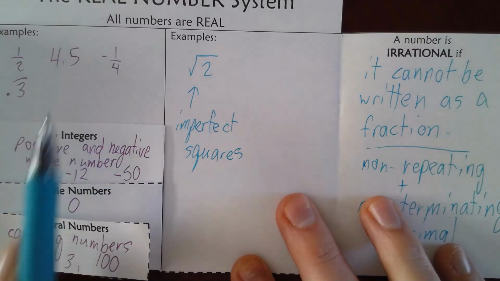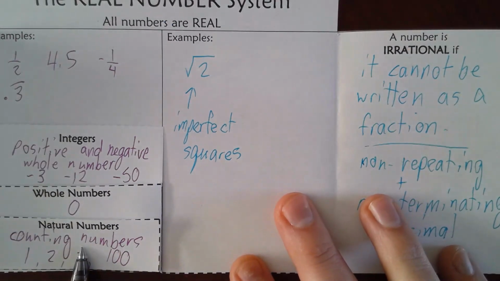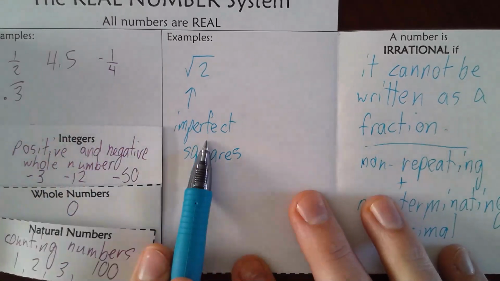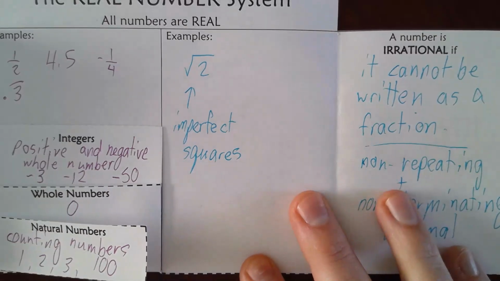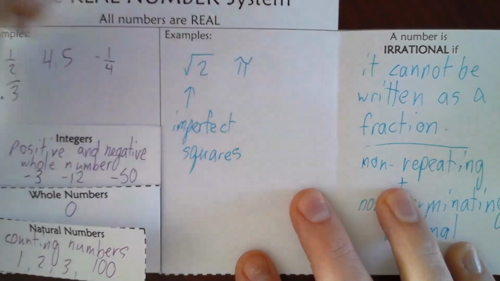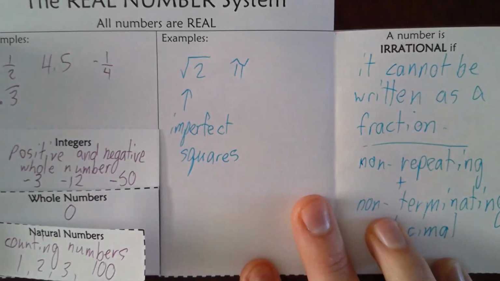So the square root of 36 is, to get technical, a natural number, right? But perfect squares are rational. Imperfect squares are irrational. Numbers that have decimals that neither repeat nor terminate. For instance, pi. The decimal of pi never stops and it never repeats. It just goes on forever and ever.